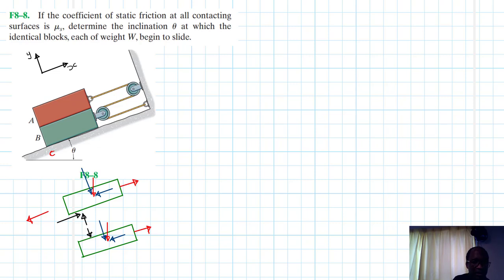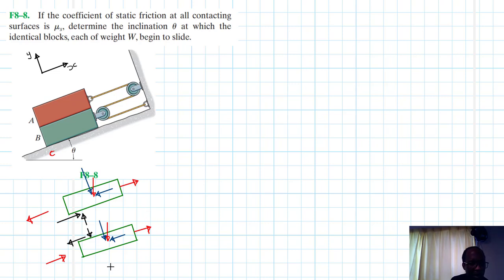And then here, since we are assuming this to be moving in this direction like so, this is case 1. So we expect friction to be in the opposite direction like that, right? Because friction is the force that resists the movement of two contacting surfaces that slide or move relative to each other.